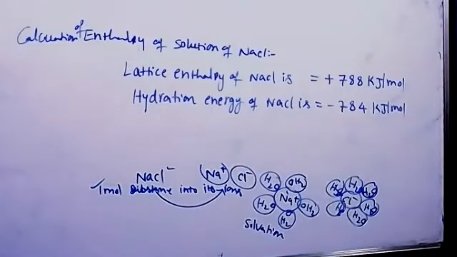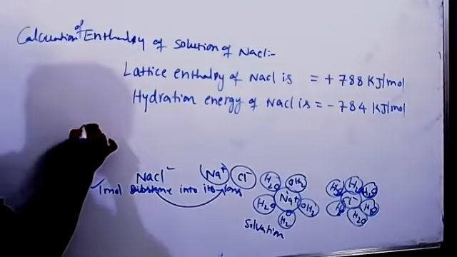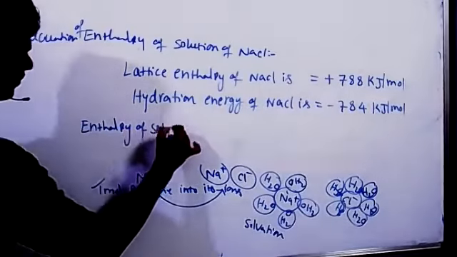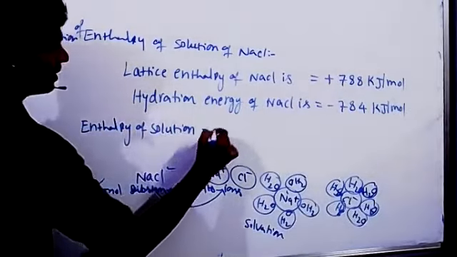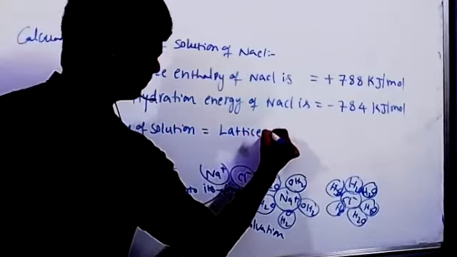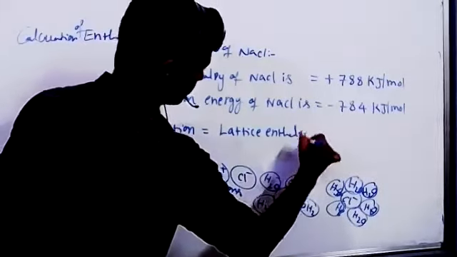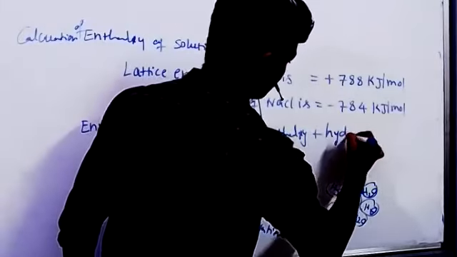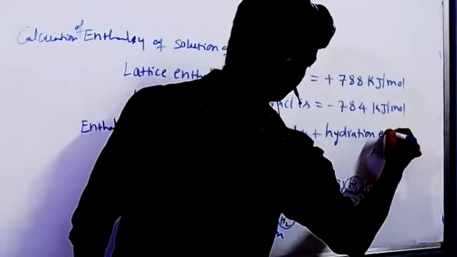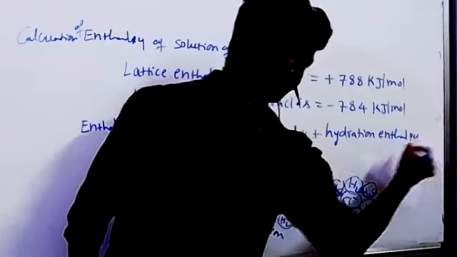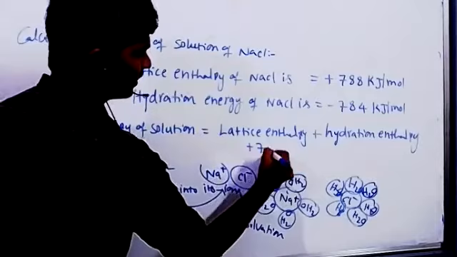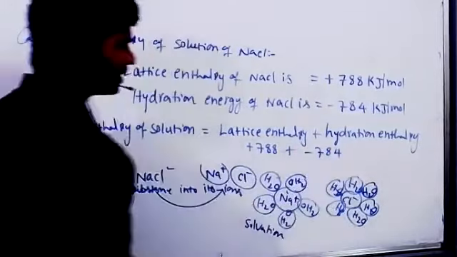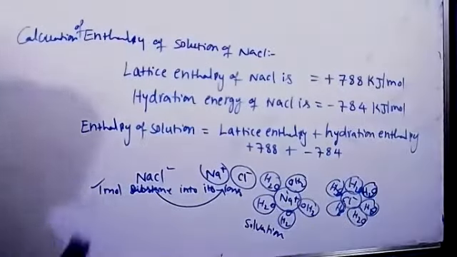Enthalpy of solution is equal to lattice enthalpy plus hydration enthalpy. Plus 788 minus 784 is just 4, so plus 4 kilojoule per mole.